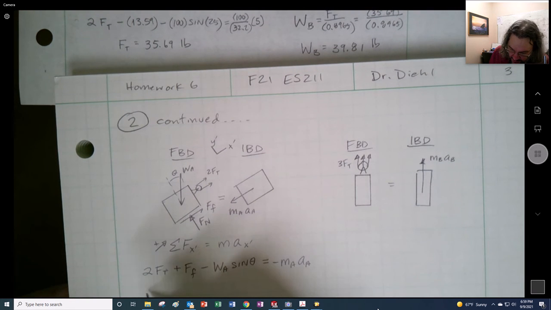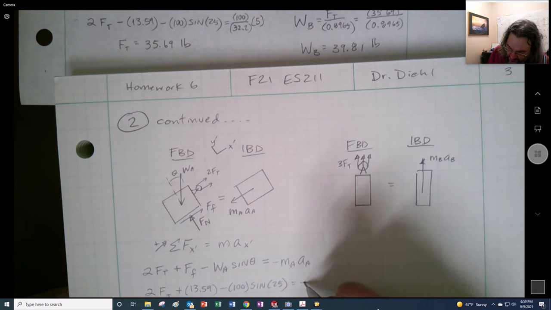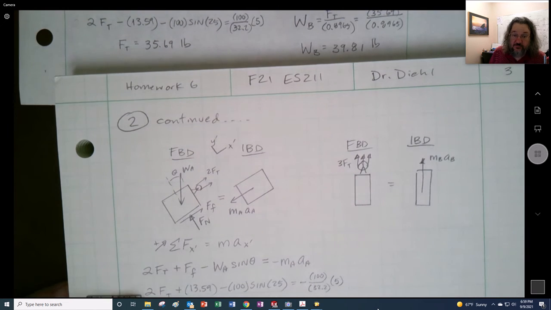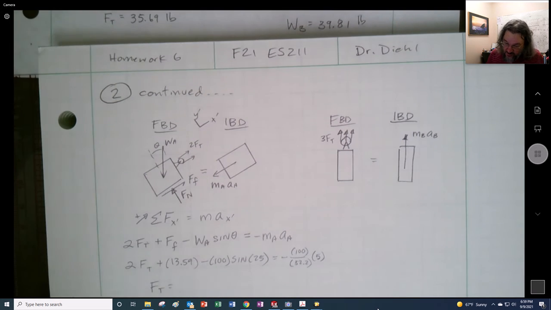So I'll just leave it here as the force of the tension, plus 13.59 minus 100 sine of 25 is equal to now negative 100 over 32.2 times 5, right? So let me double check here. Hope it works out, right?